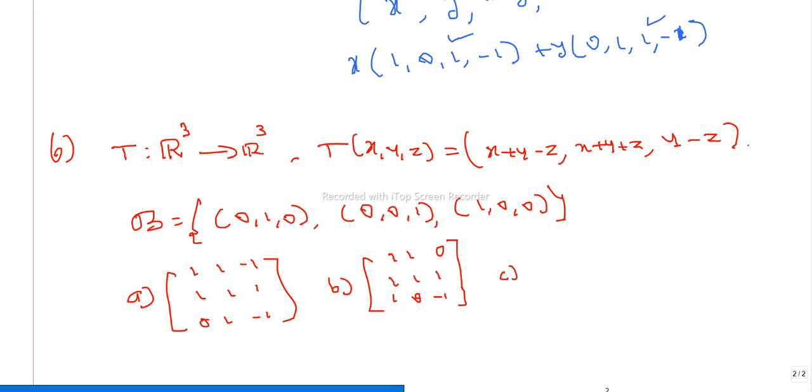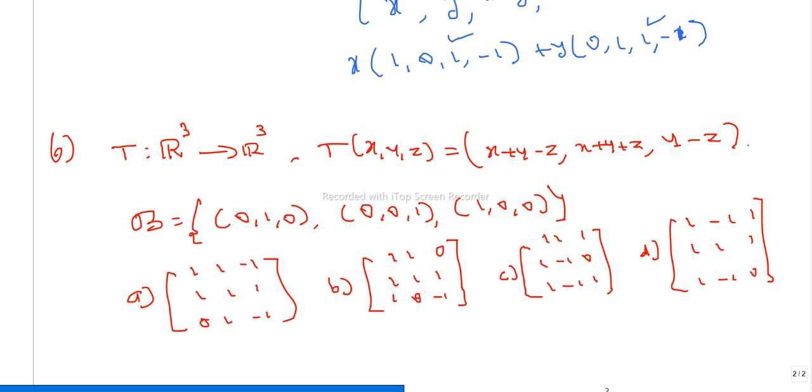Then third option 1 1 1, 1 minus 1 0, 1 minus 1 1, and then the last one is 1 minus 1 1, 1 1 1, 1 1 1 minus 1 0.